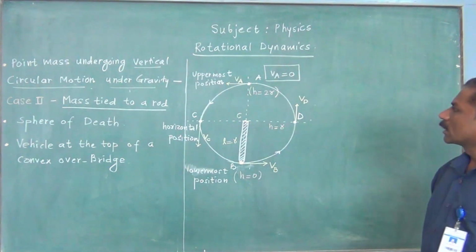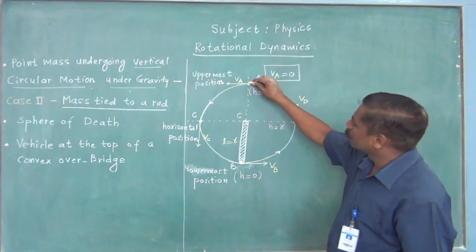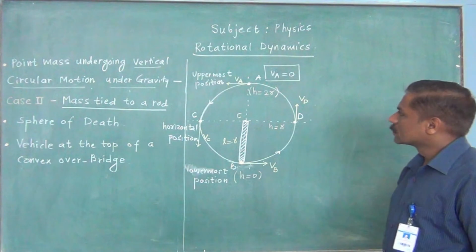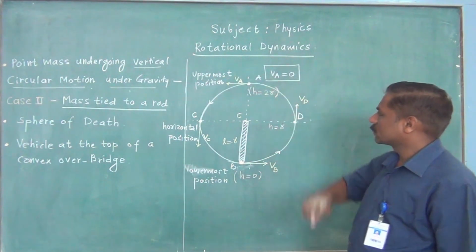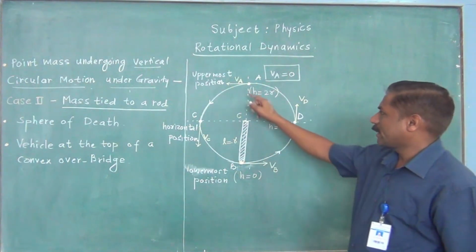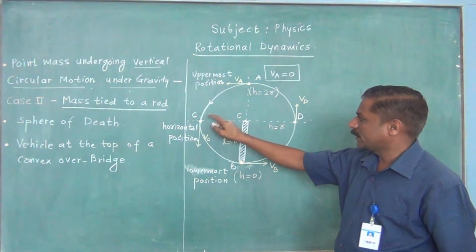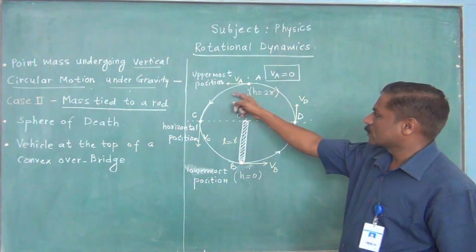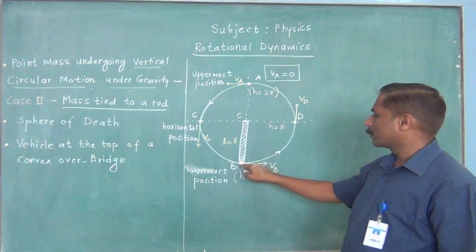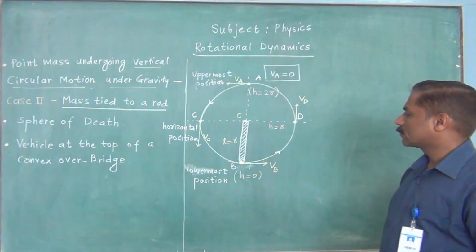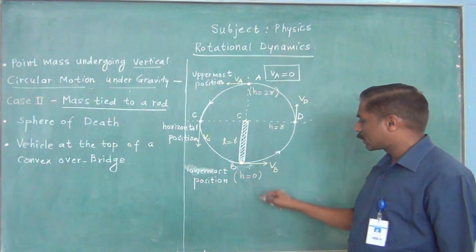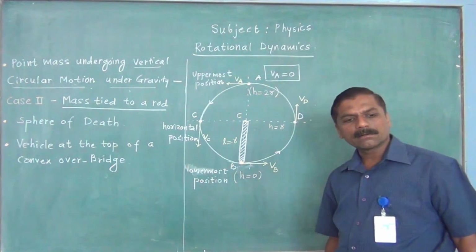Now when this particle will move from A to B, at this position the particle has only potential energy, and as it moves towards C you will find the conversion of potential energy into kinetic energy. At position B there will be kinetic energy, but potential energy will become 0.